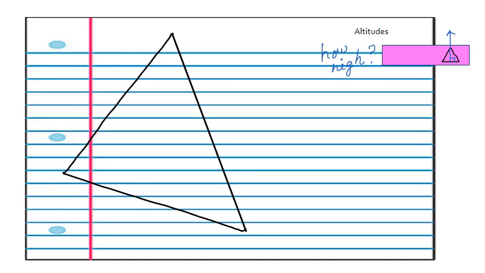Alright, altitudes are basically how tall the triangle is from any base, and that height always works perpendicularly from the base. So I'm just going to draw to the top of the triangle here, and it's going to be perpendicular.